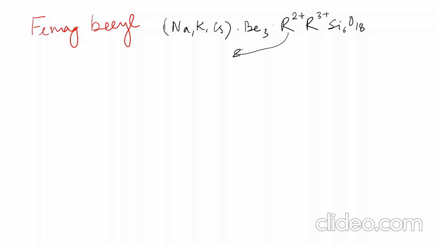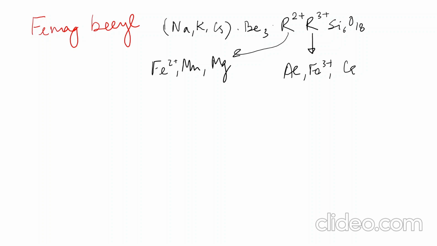So R2+ here, as I have already told you, will be Fe2+ or Mn or Mg. R3+ would be aluminum, Fe3+, chromium, etc.